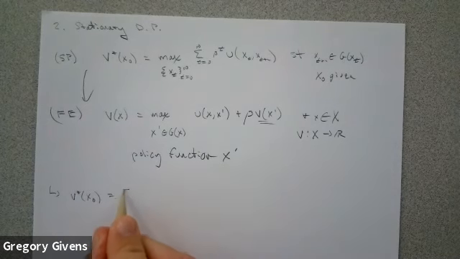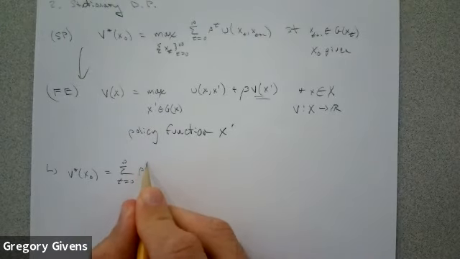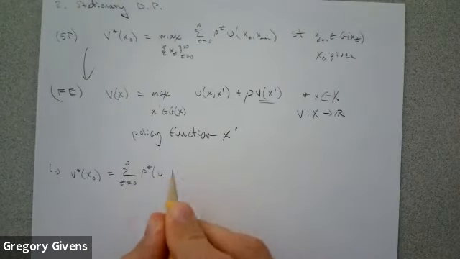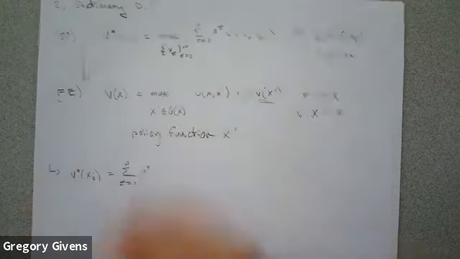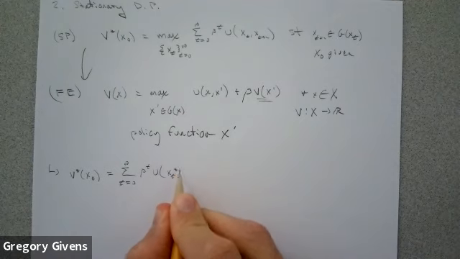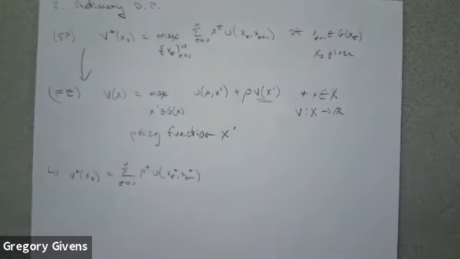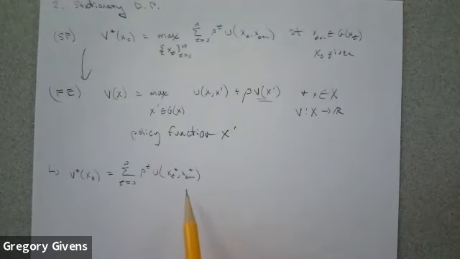It's the sum from 0 to infinity, beta to the t, u of xt star, xt plus 1 star. Right? If we substitute in all the optimal values for the x's, we get V star, right?